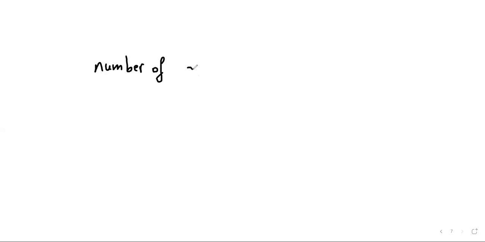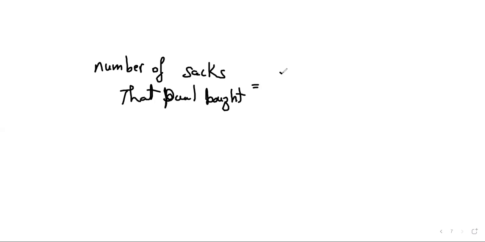We know the value of x. x is equal to 4.5 here. We already know the price of one large sack is equal to 4.5. So you just need to do 27 divided by 4.5, which is equal to 6 sacks.